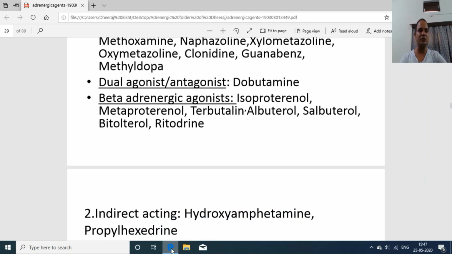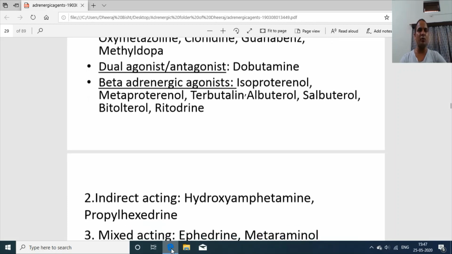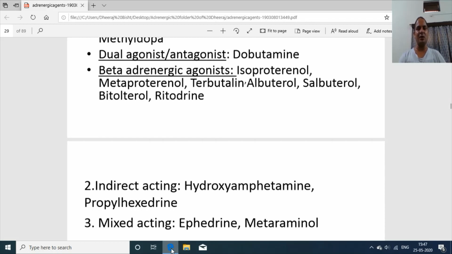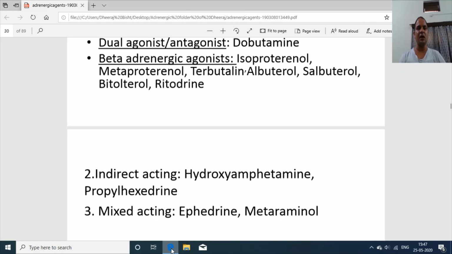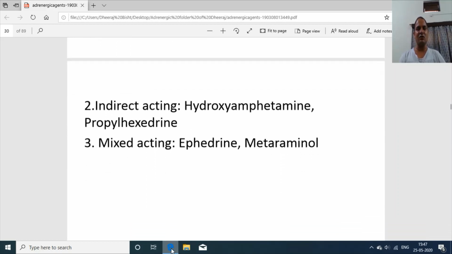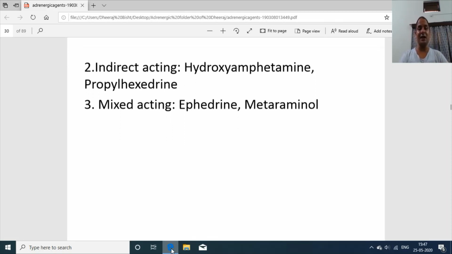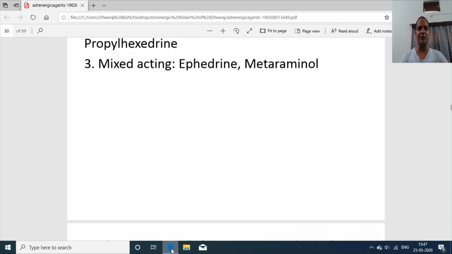Next is the dual agonist, that is dobutamine. Next are the beta-adrenergic agonists: isoproterenol, metaproterenol, terbutaline, albuterol, salbutamol, bitolterol, ritodrine. Second is the indirectly acting: hydroxyamphetamine, propylhexedrine. Mixed acting: ephedrine, metaraminol.